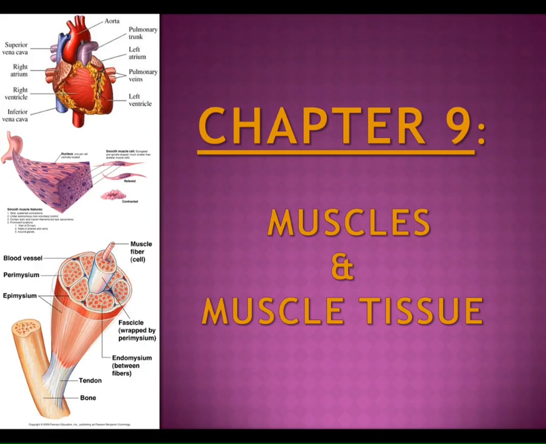But let's do the layers that we can see on this picture here, because again, I've got another slide that explains all this in great detail. What is that wrapping around the fascicle? Perimysium. What's that wrapping around the entire muscle? Epimysium.